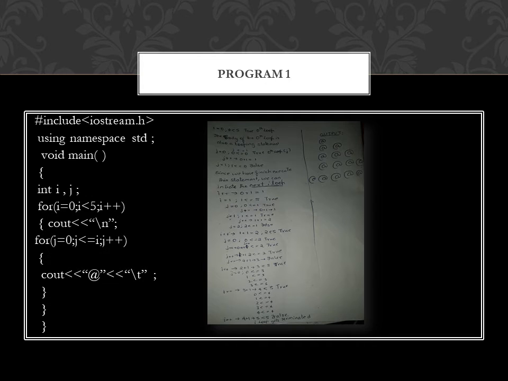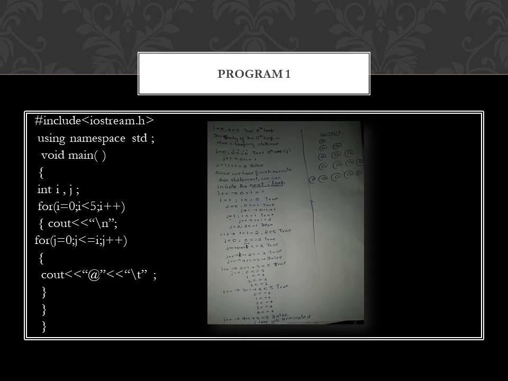Again it will go to the next line because we have used slash n in here. Now in the j loop, 0 less than or equal to 1, the answer is true, and it will print the at symbol with the horizontal tab, then another at symbol. This shows the equal spacing. In the same way, now the j loop gets terminated.